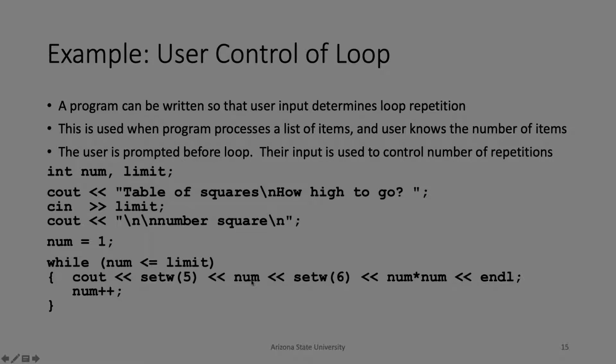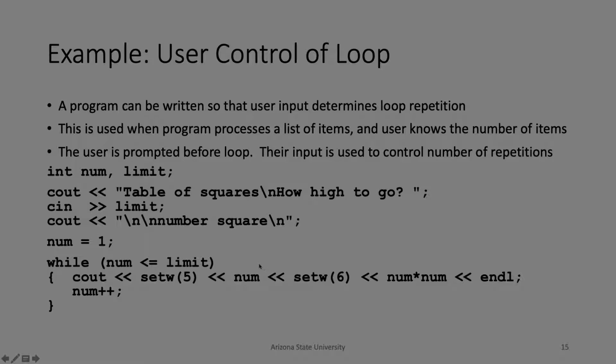If we want numbers aligned nicely, then we would do setw here. But don't worry about what that is. All we're really doing here is printing num. And then at some point later, we're printing the square of num, which is just num times num. And then a new line, you can do \n if you want. And then num++.